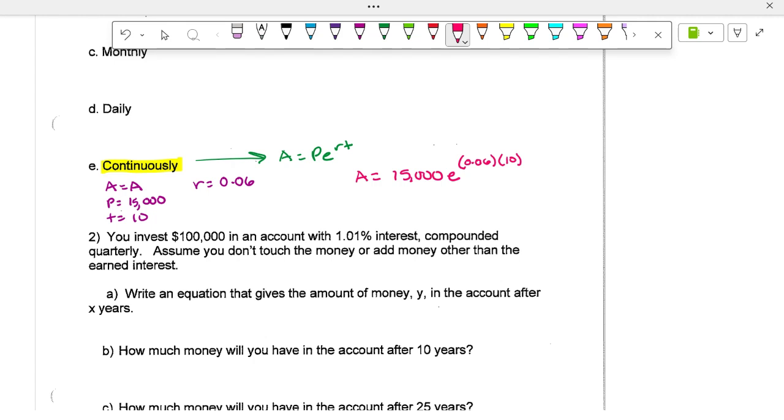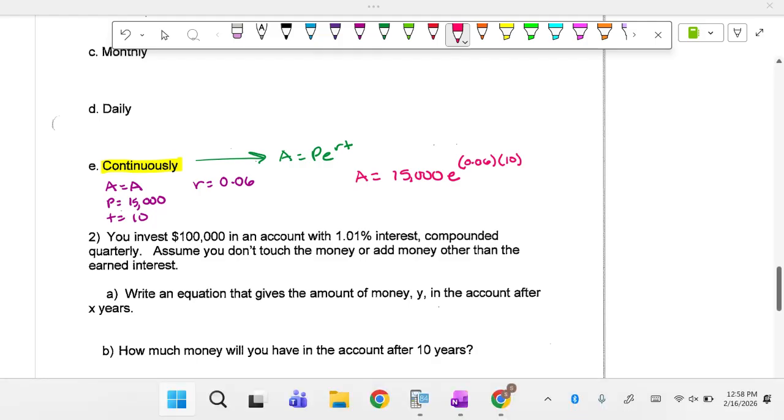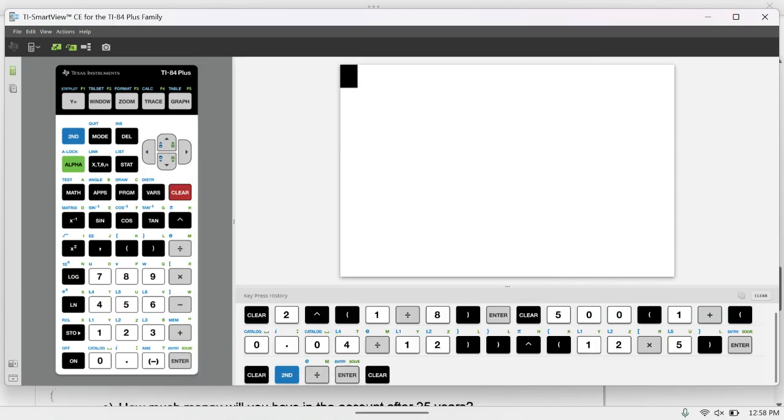Now, this is how you're going to put it in your calculator. I'm going to do 15,000. So I don't have to actually put in E and then raise it to a power, there's a key that will raise E to a power for you. If you hit second, and then the key to the left of the number 4, it says LN on it. That will give you an E, and it'll already raise it to the power for you.